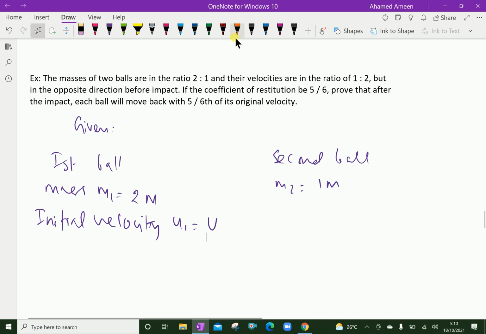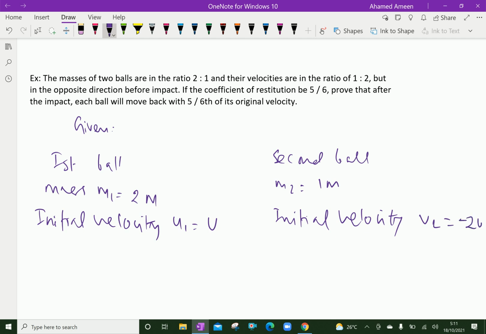Since the velocities are in the ratio 1:2, the initial velocity of the second ball, u2, is minus 2u, because it is in the opposite direction.